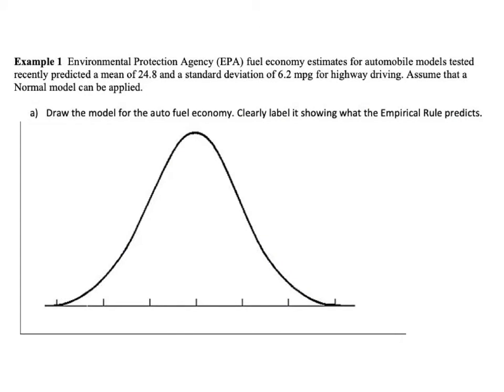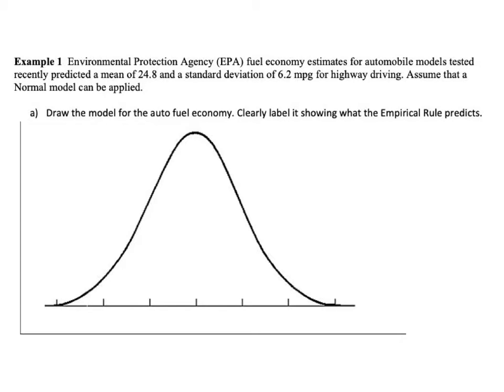So let's explore this first example. The Environmental Protection Agency, or EPA, fuel economy estimates for automobile models tested recently predicted a mean of 24.8 and a standard deviation of 6.2 miles per gallon for highway driving. Assume that a normal model can be applied.